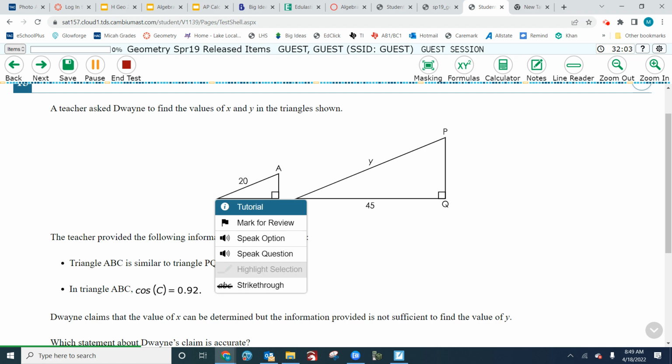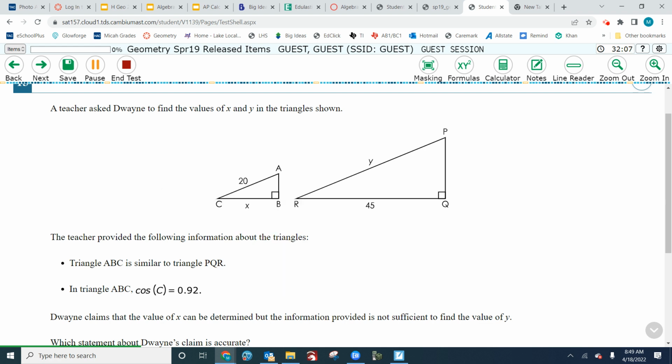Do you agree? I'm getting confused looks. Well, isn't cosine adjacent over hypotenuse? Yes. Oh, I see where the x is now. X over 20 is the cosine of C. Everybody agree? All right.